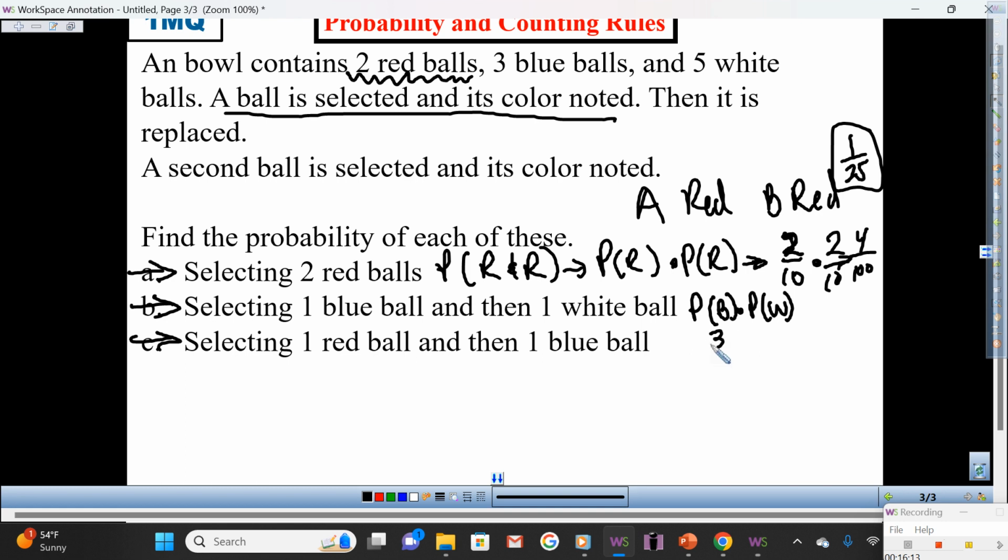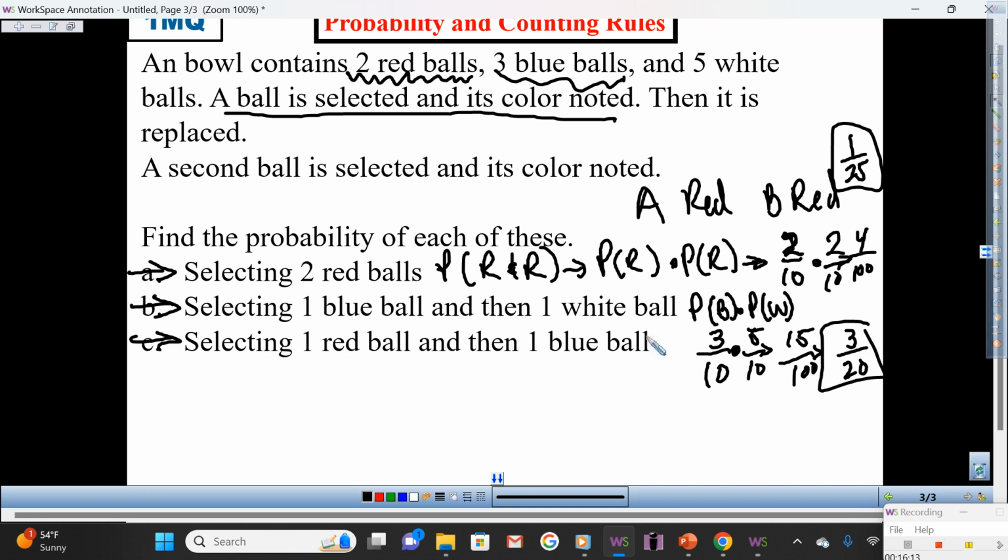Very good. 3 out of 10, because there are 3 blue balls out of the 10, times what is the probability of white? 5 out of 10. Therefore, this is 15 out of 100. Simplify that. That gives us 3 out of 20. Hands up if you got that? All right. And so on and so forth.